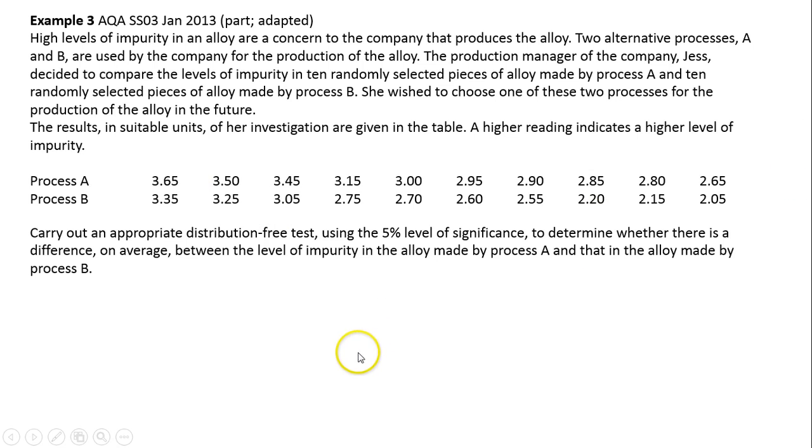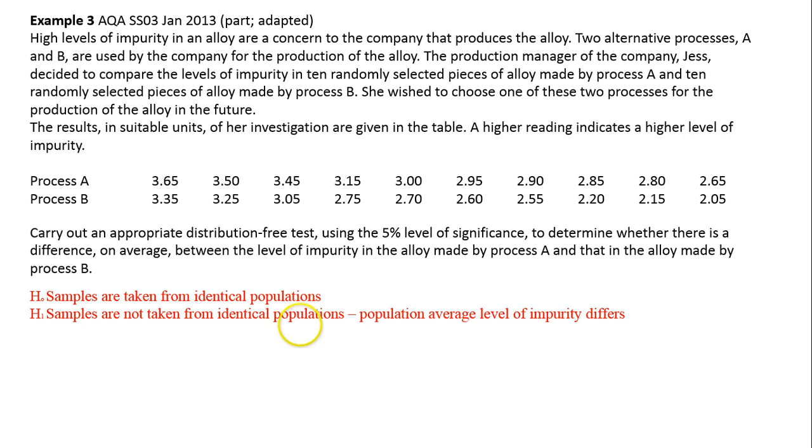So carry out an appropriate distribution-free test using the 5% level of significance to test whether there is a difference on average between the level of impurity in the alloy made by process A and that in the alloy made by process B. So we are testing that the samples are taken from identical populations against the samples are not taken from identical populations. Population average level of impurity is different. So it's a two-tailed 5%.